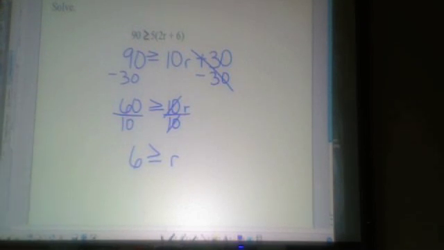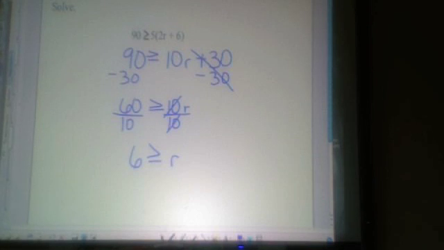Okay, I want you guys to take this solution and graph it. I want you to put it in interval notation, and then I want you to put it in set builder notation. Okay.